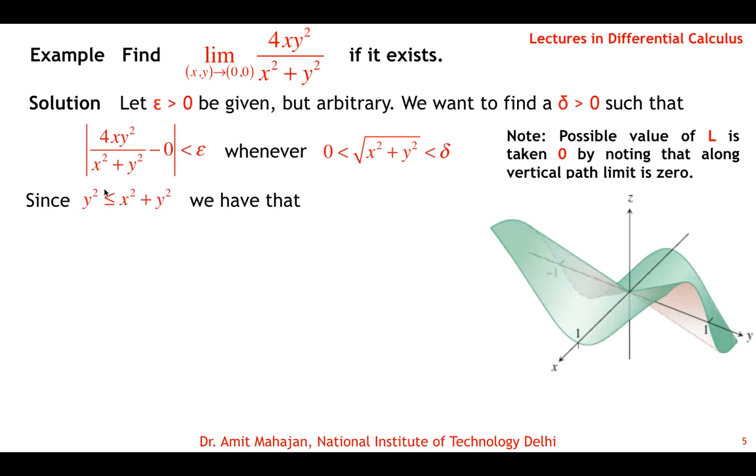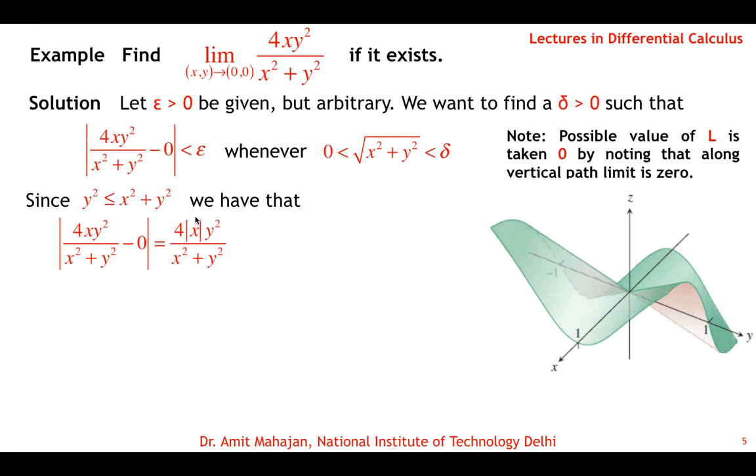Since y square is always less than or equal to x square plus y square for any (x,y), this left hand side can be written as 4 times modulus x into y square over x square plus y square, because x square is a positive quantity, and because of this inequality y square over x square plus y square is less than or equal to 1.